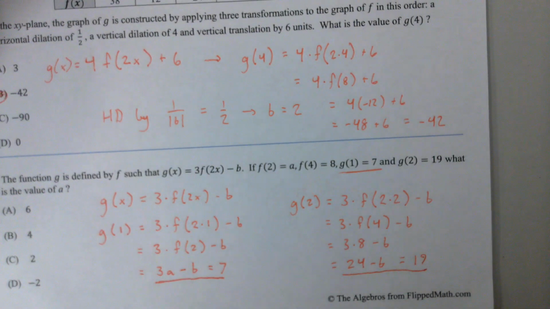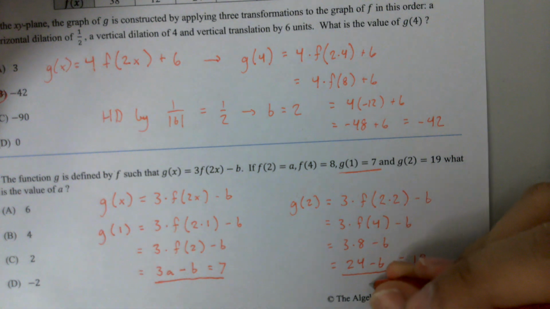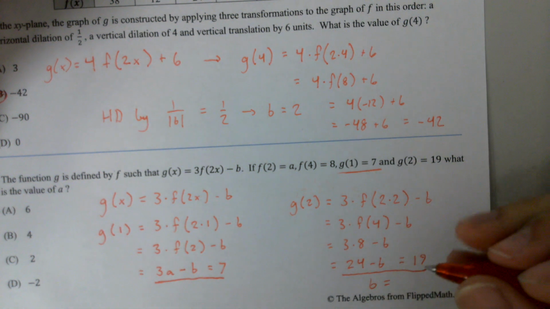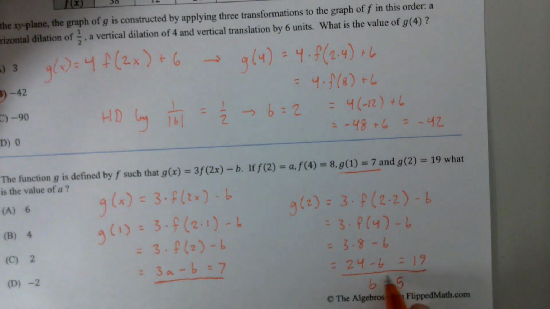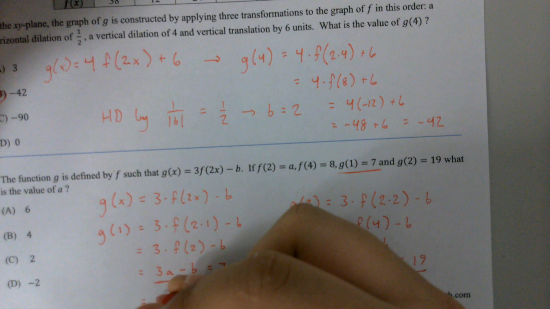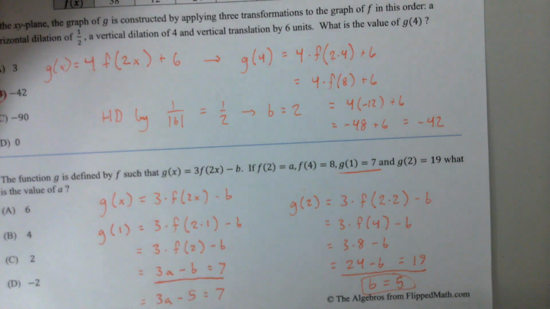So we have two important pieces of information here. We have that 24 minus b is equal to 19. So if we solve that, we can deduce that b has to be equal to 5. So if we know that b is equal to 5, then we can go back over here and we get that 3a minus 5 is equal to 7.